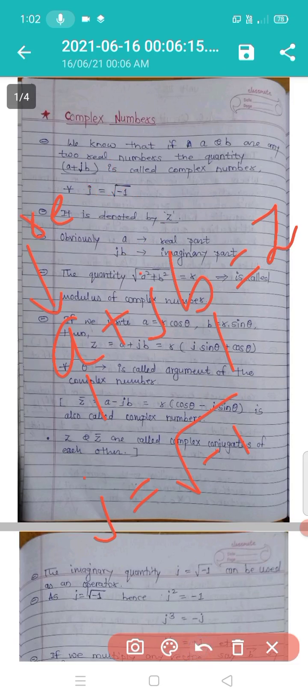Then the quantity square root of a square plus b square, that is equal to r, is called the modulus of the complex number.